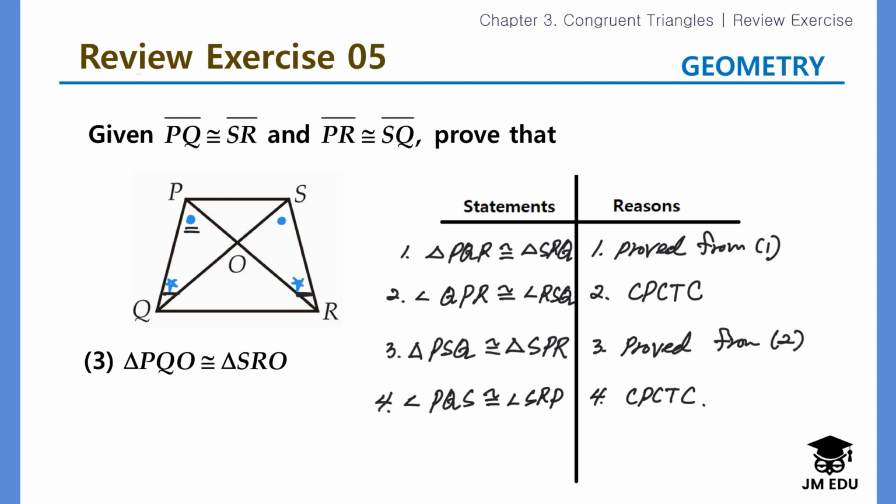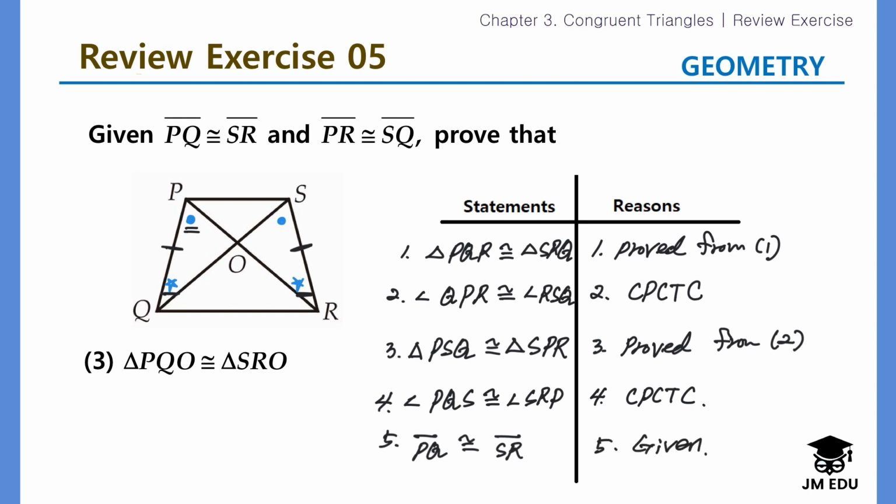Also, it is given that PQ is congruent to SR. It's right here, right? So this side right here and this side right here are congruent. Number 5, PQ is congruent to SR. That was given, right?